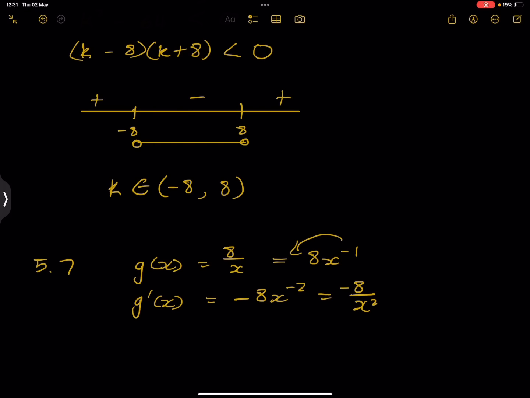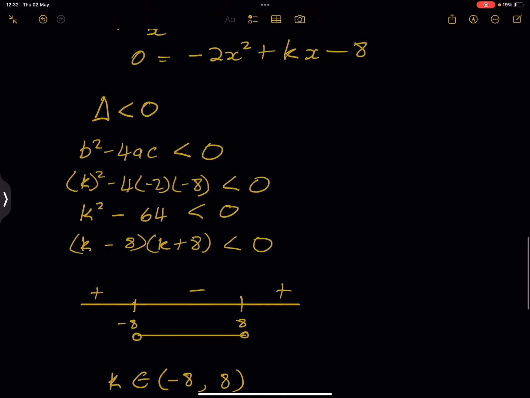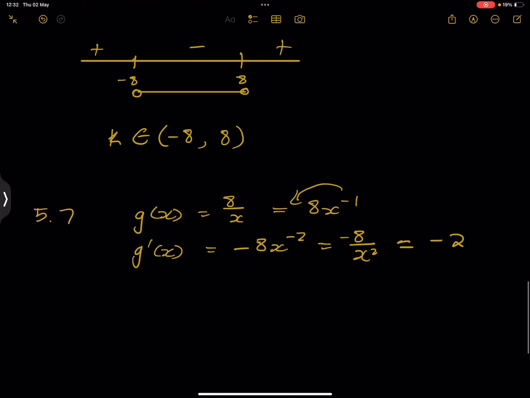And they said, well, in this case, the gradient should be equal to -2, which is the gradient of h, right? So that means I've got -8 over x squared is equal to -2, right? And if I cross multiply, I've got -2x squared.